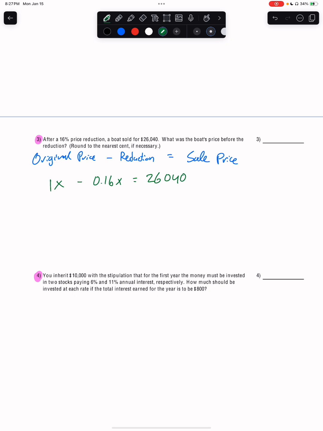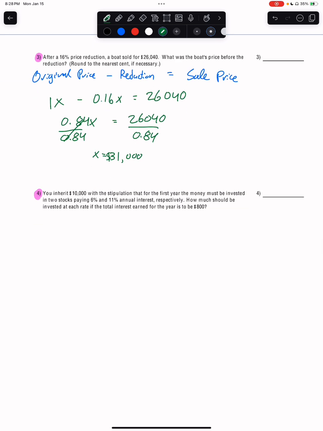And you can think of this as like 1x, which will then give us this. Now just divide to get to the other side. Plug into your calculator and round to see that x is going to be $31,000 would have been the original price.